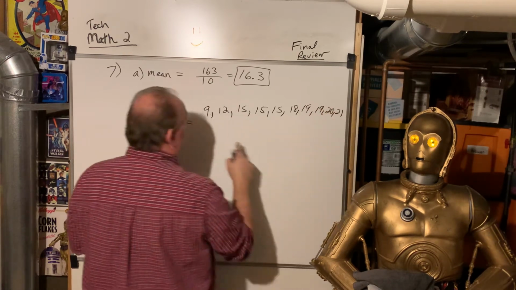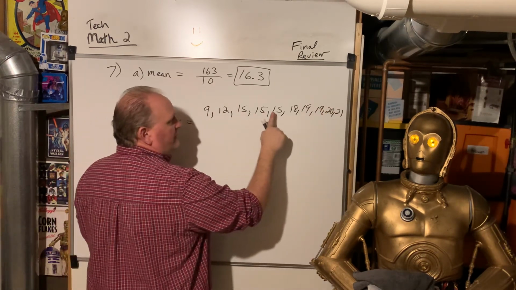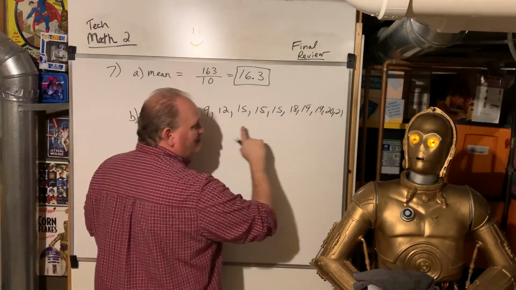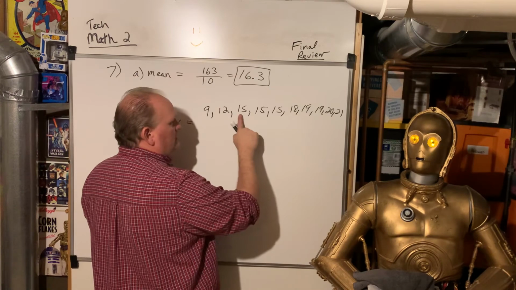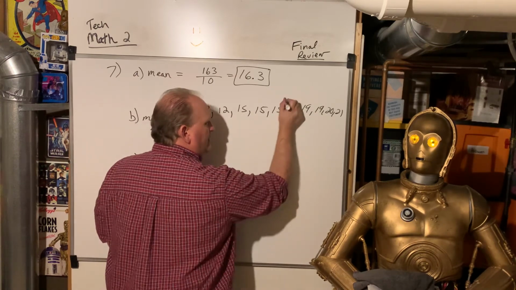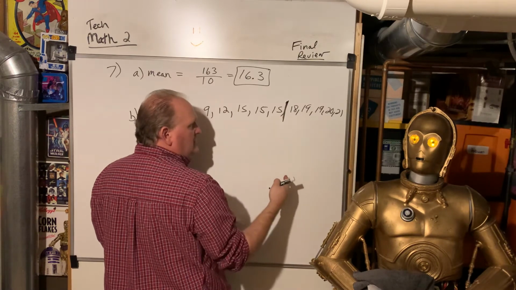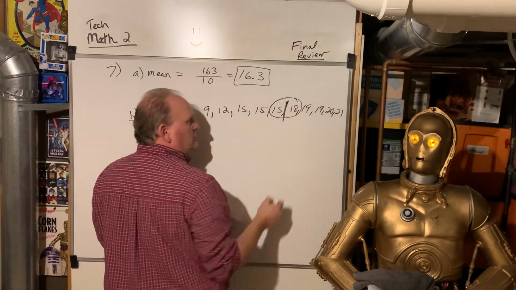So you put them in order. There's 10 numbers, 1, 2, 3, 4, 5, 6, 7, 8, 9, 10. And now we want the exact middle. So 1, 2, 3, 4, 5, and 1, 2, 3, 4, 5. There's not an odd number of numbers, so we have to average the two middle numbers.